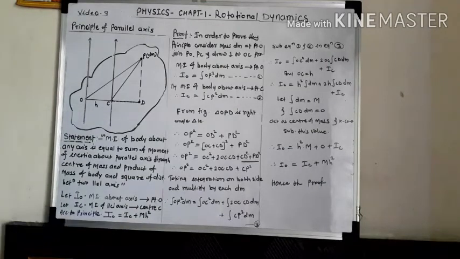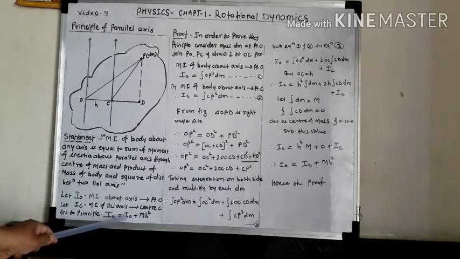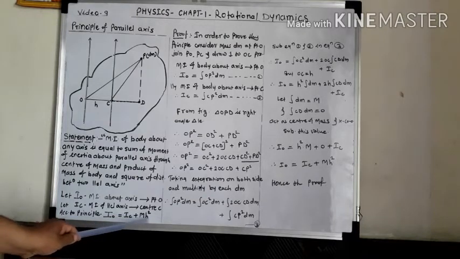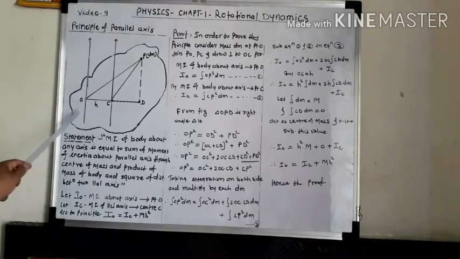This is IO is equal to IC plus Mh square. From this mathematical form we write the principle: the moment of inertia of the body about any axis is equal to the sum of the moment of inertia about the parallel axis passing through the center of mass and the product of mass and square of distance between the two parallel axes, that is h square.